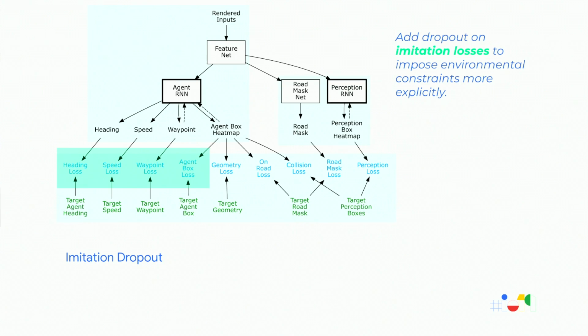So for those examples, the net is free to explore whatever alternate trajectories it wants to, and the only basis for them to be correct is that they should interact correctly with the rest of the environment, which is driven by the collision loss, road mask loss, and so on. And just empirically, we found that this particular strategy works much better than simply reweighing between the losses.